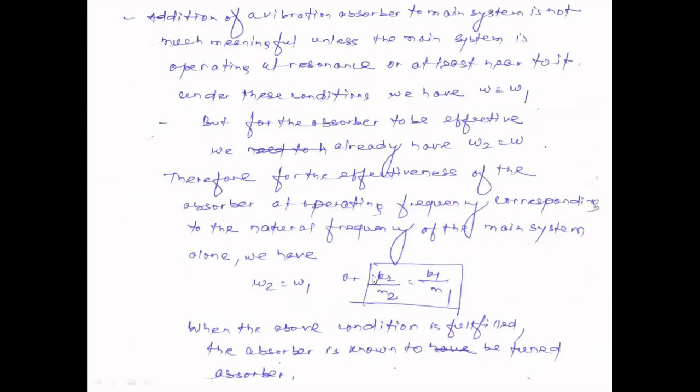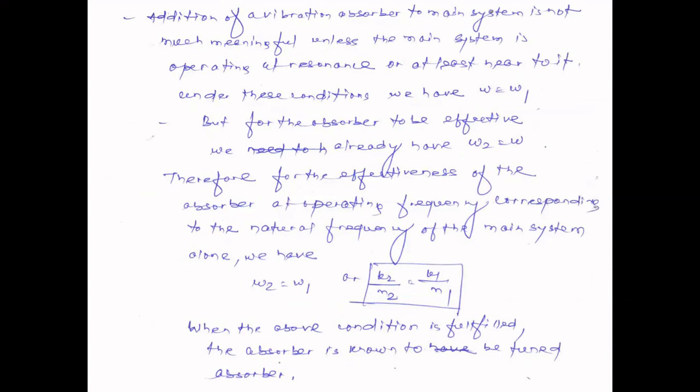It means that this vibration absorber mass and stiffness are chosen in such a way that its natural frequency matches the frequency of the main mass. In that case, when excitation frequency becomes omega 2, it also becomes equal to omega 1.